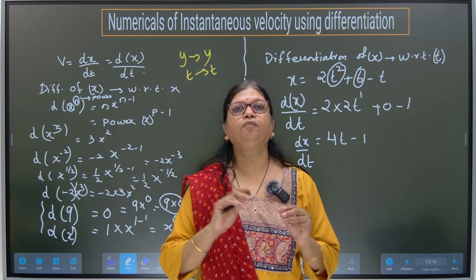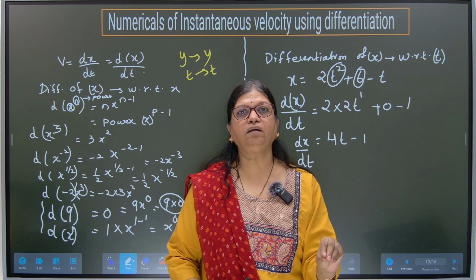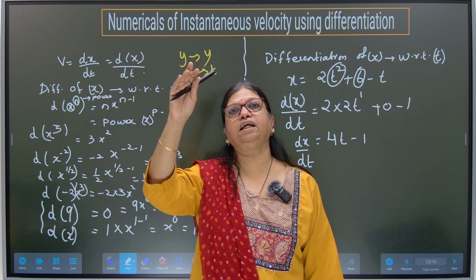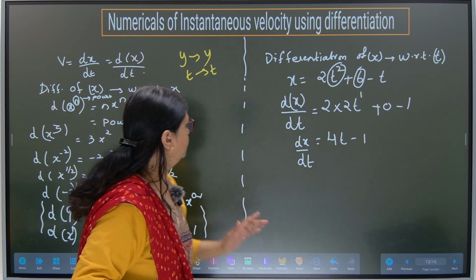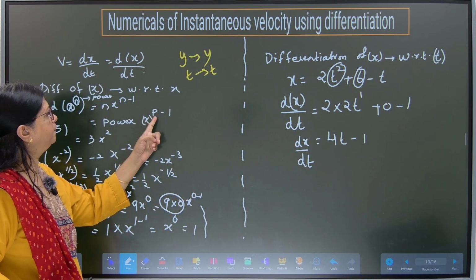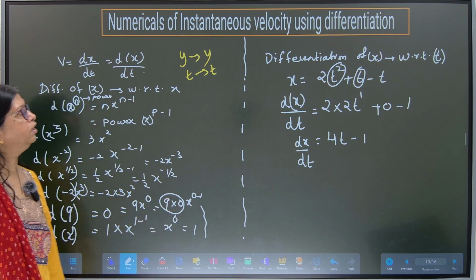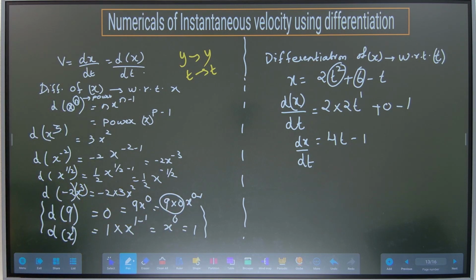The formula is the same. What is the formula? Power, variable, power minus 1. That is the exponent form. That's it. Power, variable, power minus 1. Remember that. Fine. I'll just move on. You just take a click of what we have done just now, and I hope you have learned differentiation very well so that we can shift to the next page and do numericals based on differentiation.